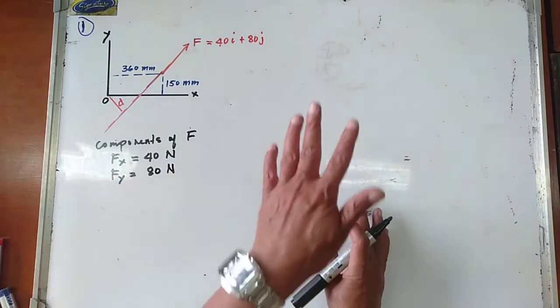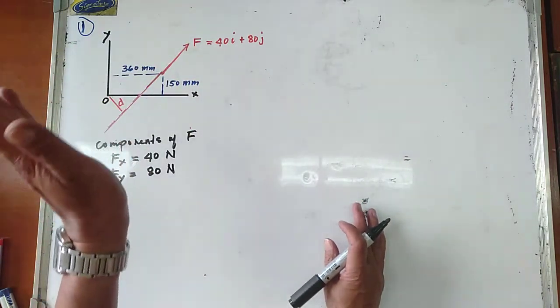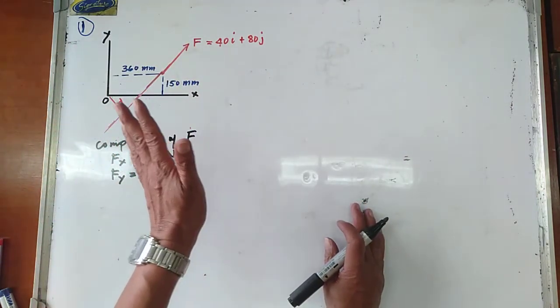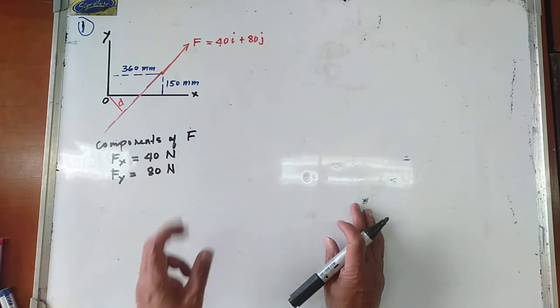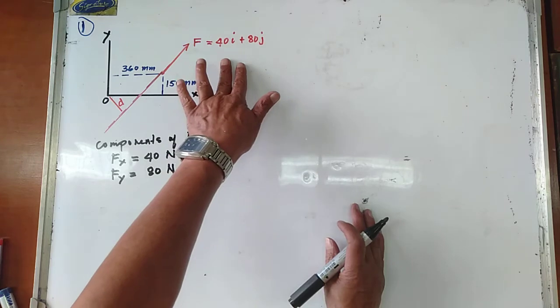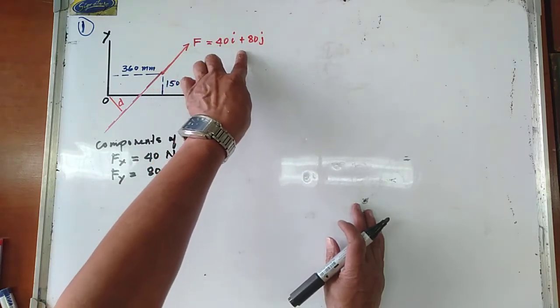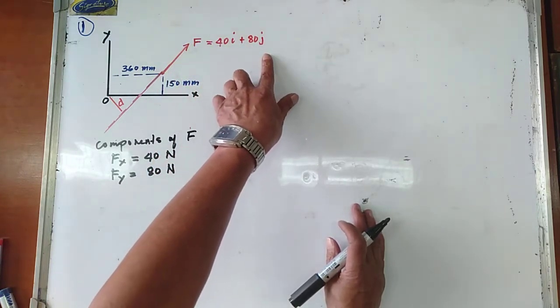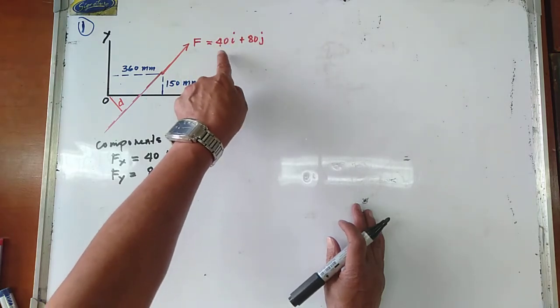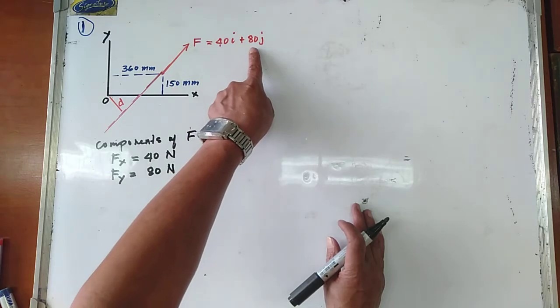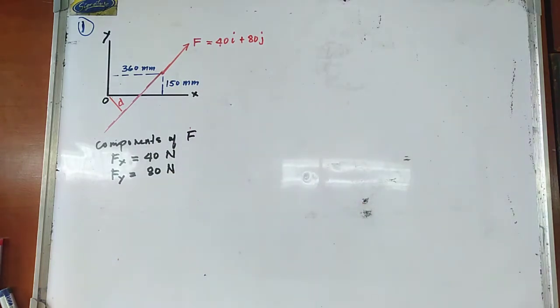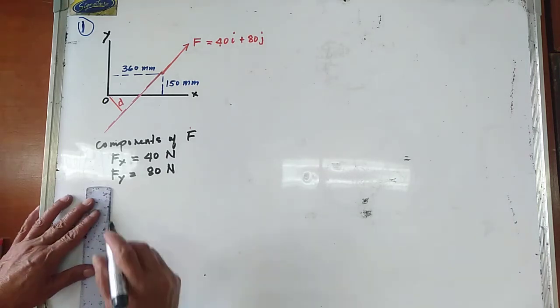You try to go back on how we express forces in its Cartesian vector form. So this is Fx i plus Fy j. So the component in the x-axis is now your 40, and the component in the y-axis is now your 80 newtons. Applying now your Varignon's theorem.